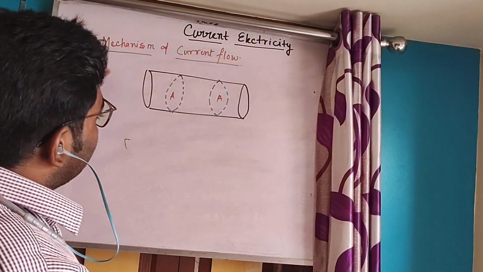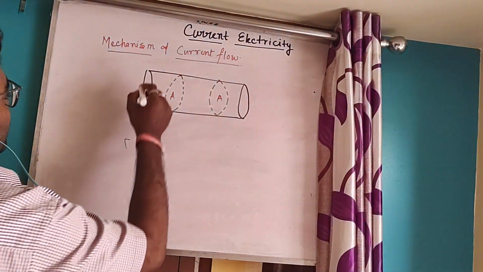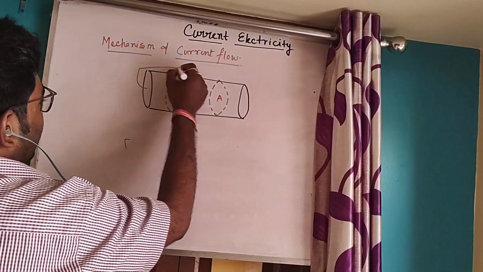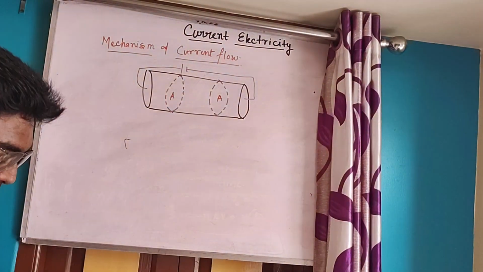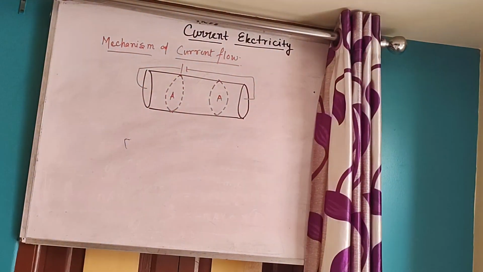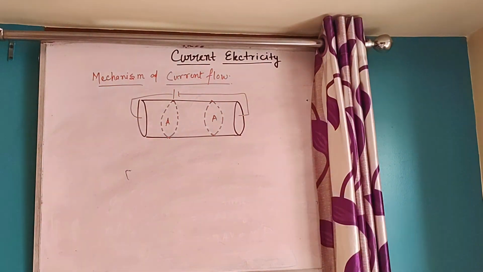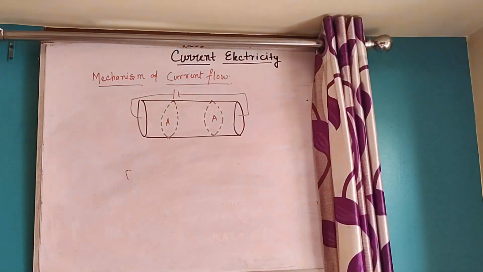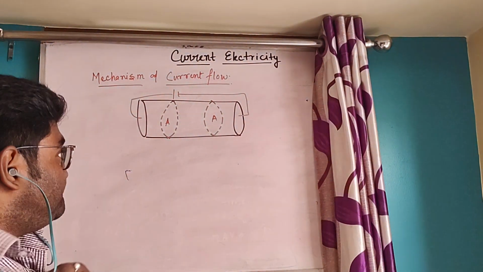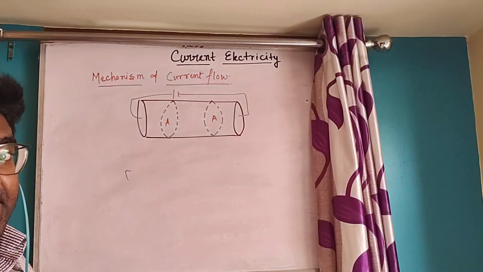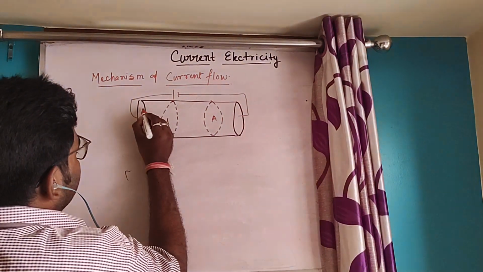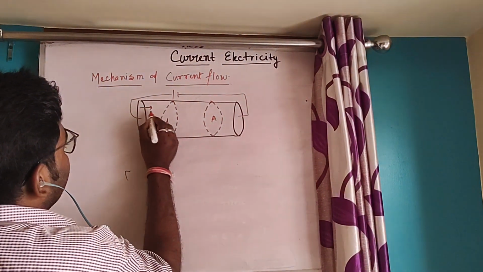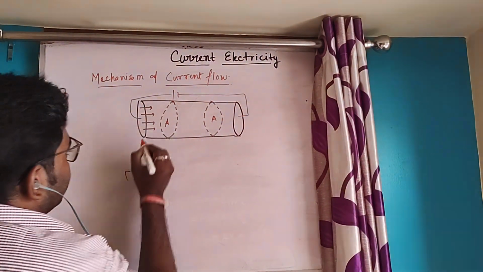Inside the conductor, if I maintain a potential difference, suppose I have applied a battery. Okay. So inside the conductor there is a steady flow of electrons here.